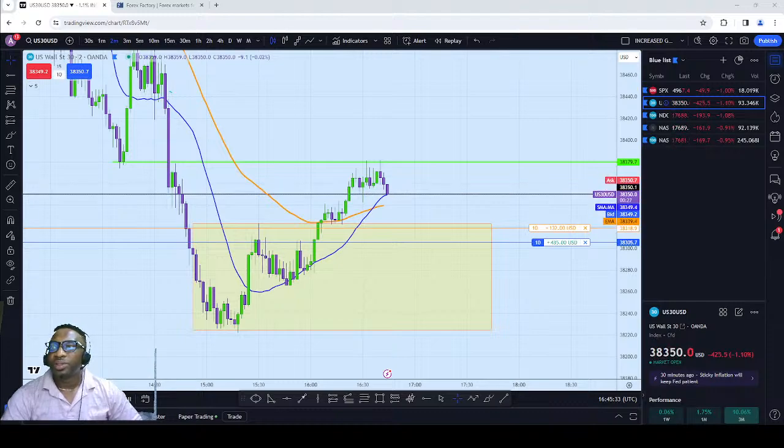So it's pushing back quite a bit, US 30. It's pulled back and came to the moving average.